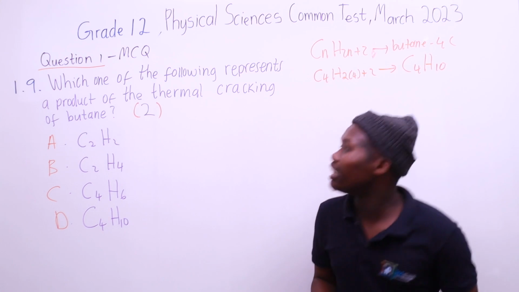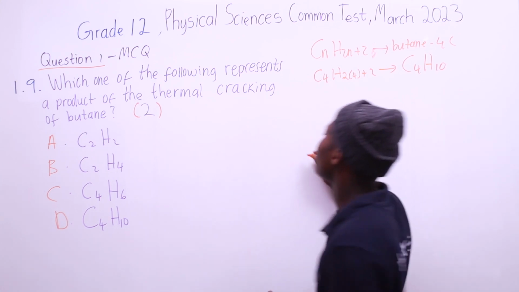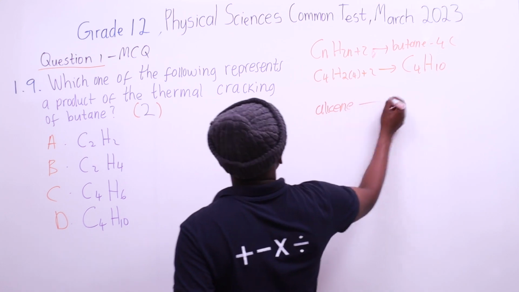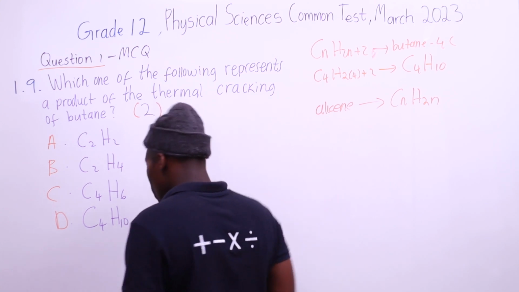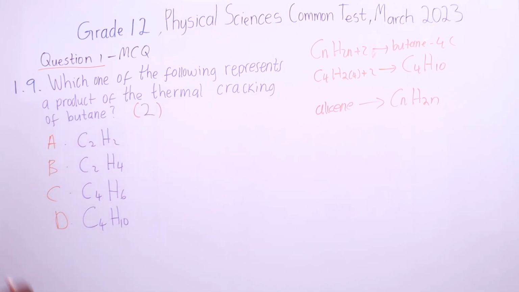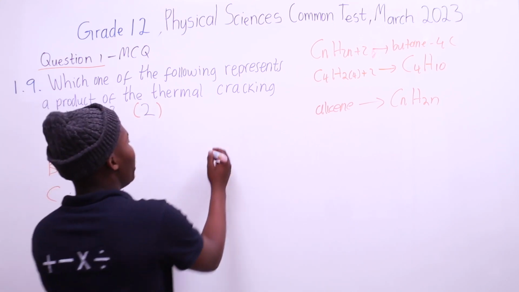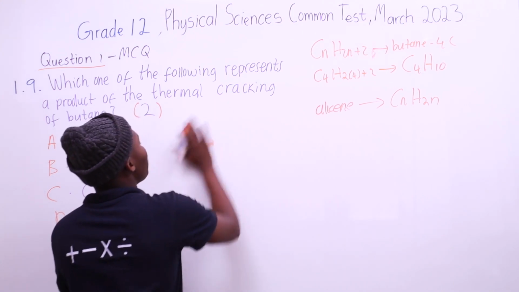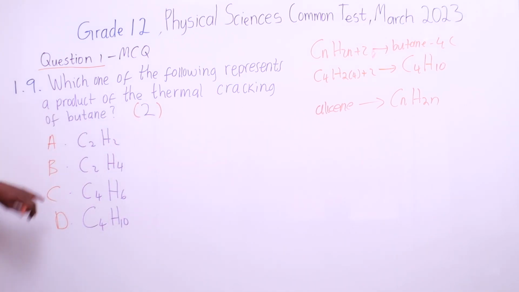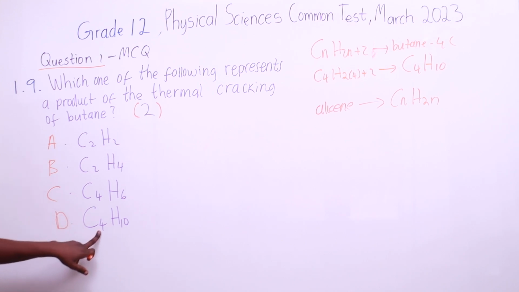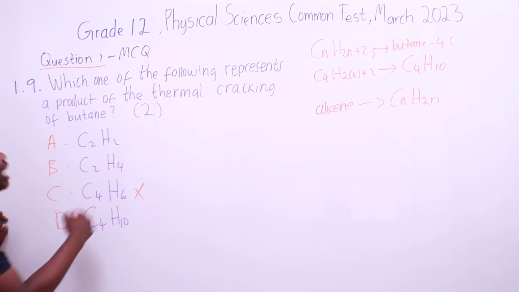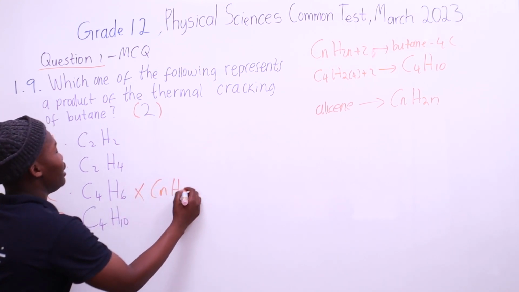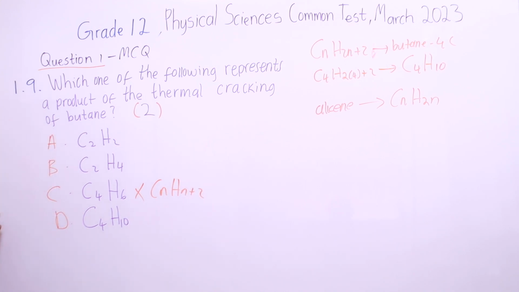The formula for alkenes is CnH2n. What we know, we have C4 here, and it becomes C4H6. So C4H6 is already out, there is no formula CnH2n+2 that fits.